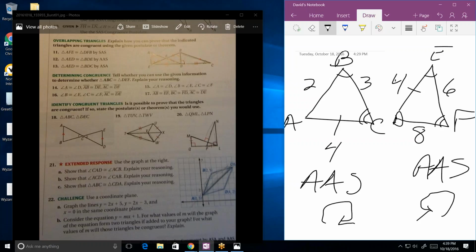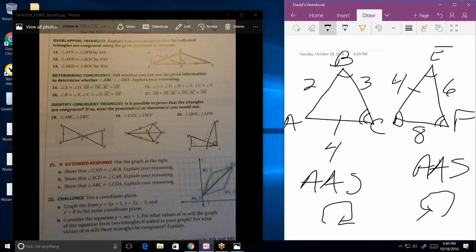I've been dealing with congruent triangles for 7 years, and this is the first time I've ever seen where you have to go in the same direction. You have to go clockwise or counterclockwise. It doesn't matter which, but you can't go opposite. Not for angle, angle, side. You can't have one going clockwise and the other going counterclockwise.